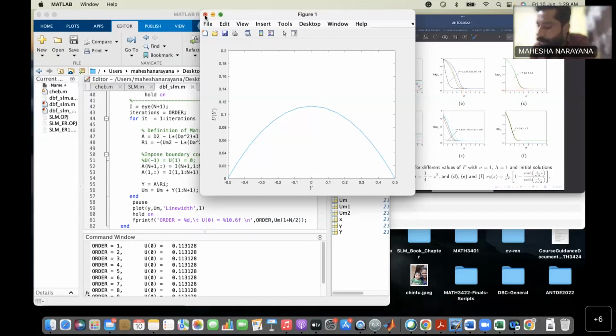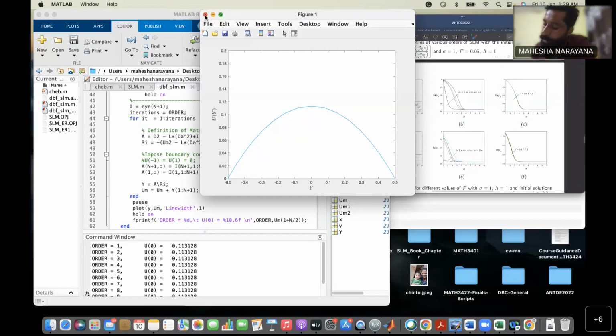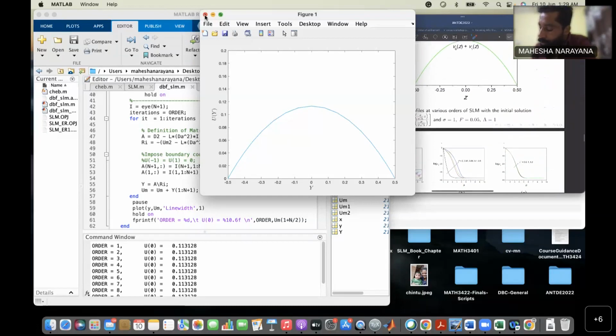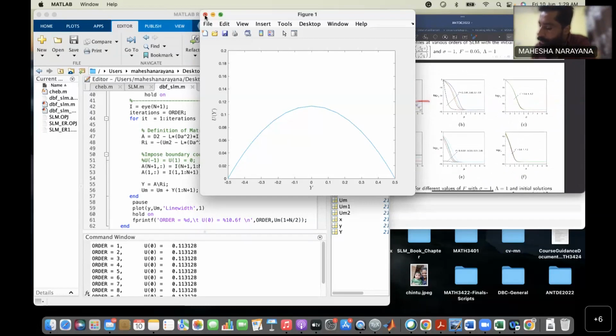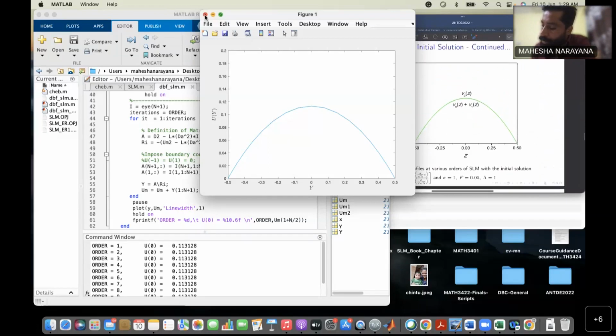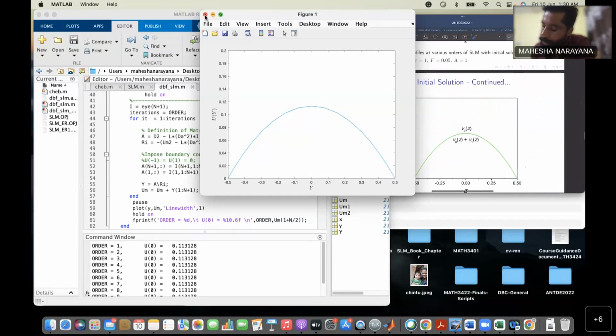What this indicates is that the method does not depend on the values of the parameters chosen, and it also does not depend on the initial solution, as I showed previously.